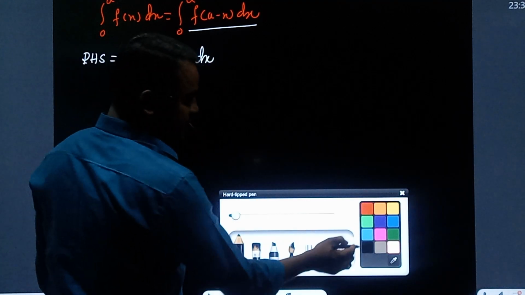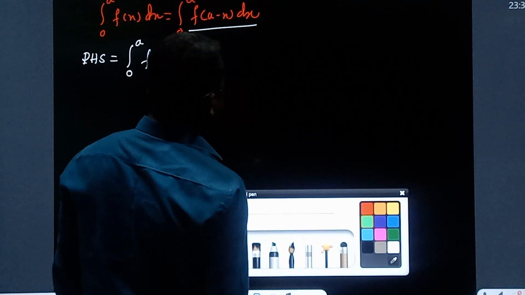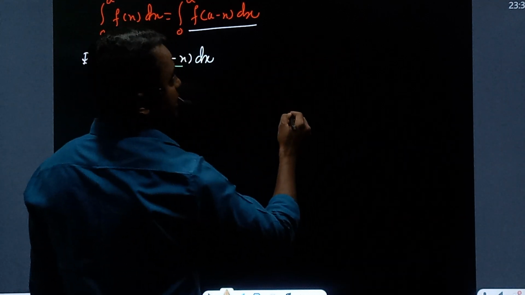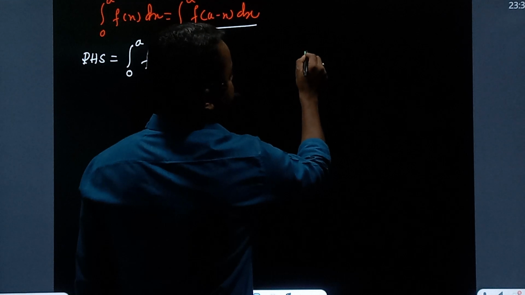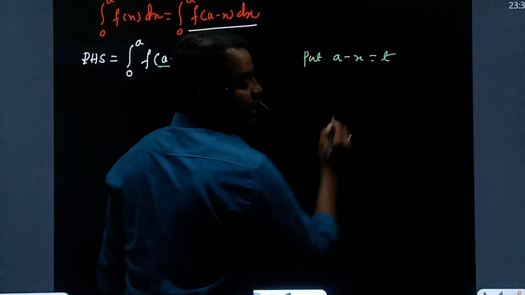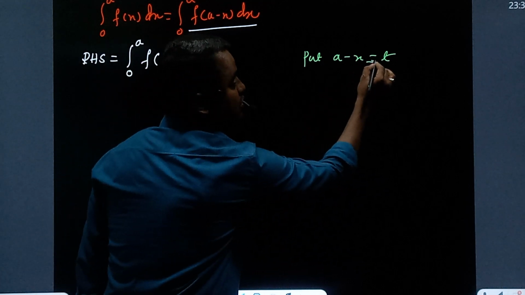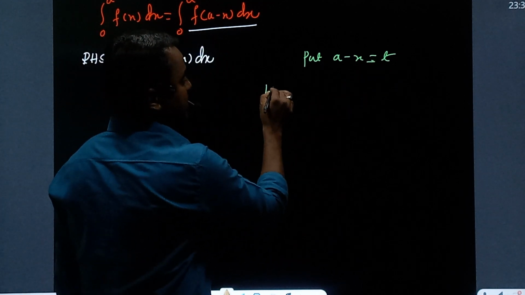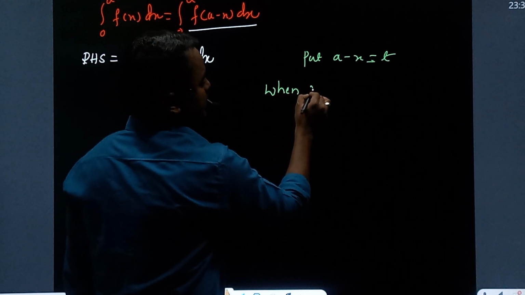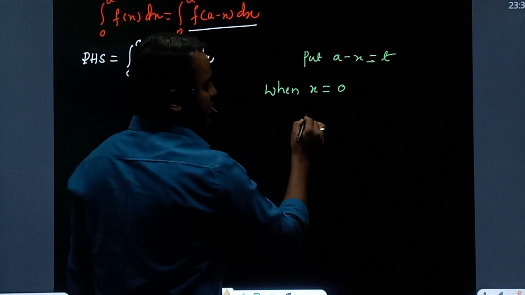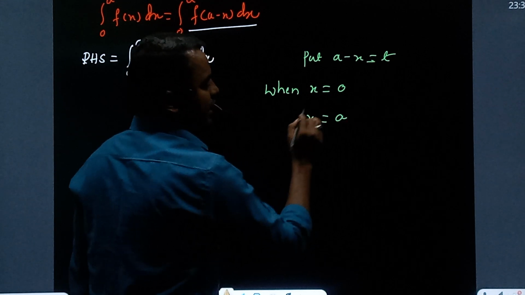Now take the substitution: put a minus x equal to t. Take the substitution and change the limits. When x is equal to 0, a minus 0, the value of t will become a, that is t is equal to a.